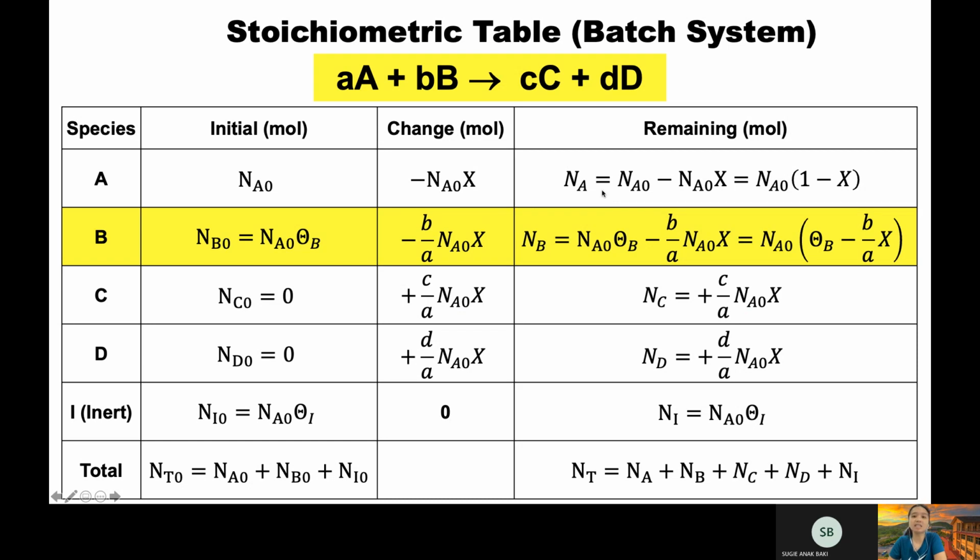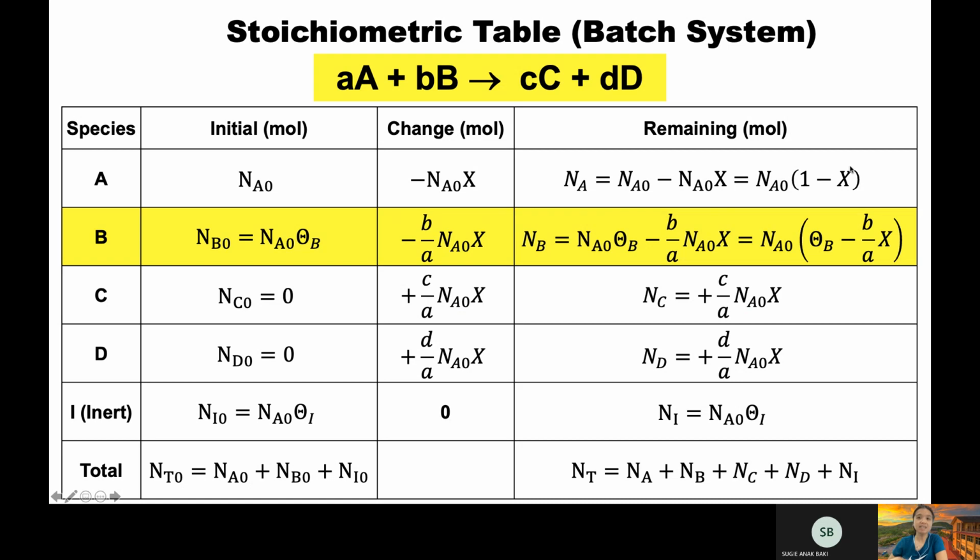Meaning NA sama dengan you take your initial NA0, you combine with your change negative NA0 X. So it become NA0 minus NA0 X. So change tu tak payah hafal. Ambil initial combine dengan change. Okay, so you get NA equals to NA0 minus NA0 X, or if I want to take out the NA0, letak dalam bracket, it become NA0 in bracket 1 minus X.